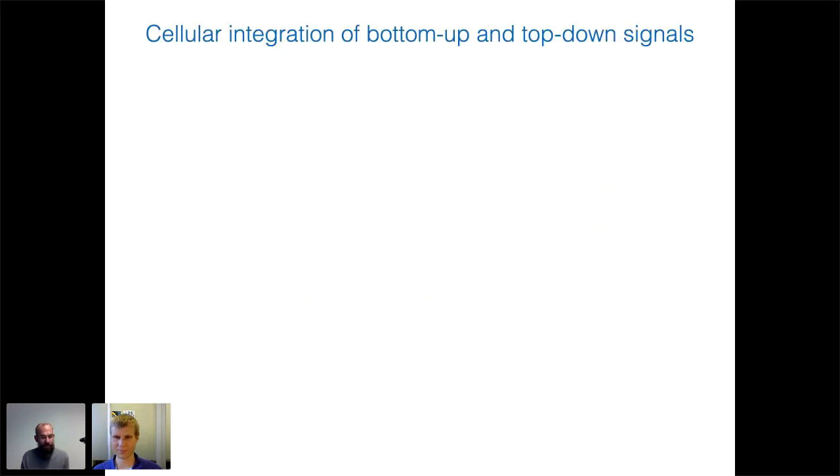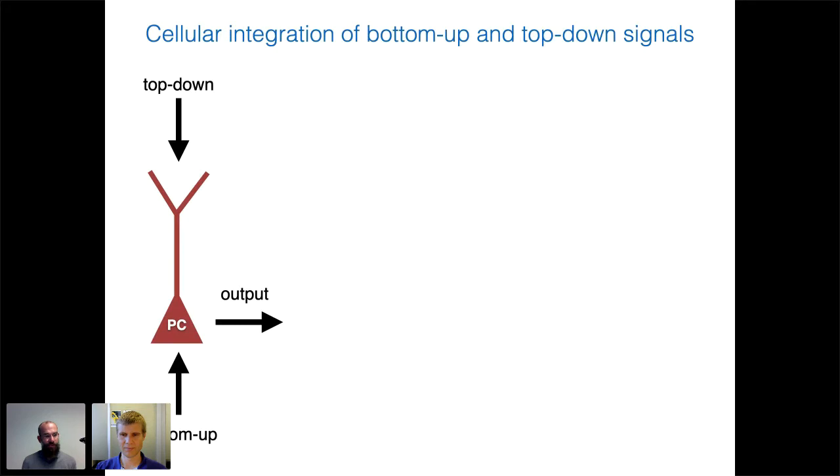But to get there, we'll have to dig a little bit into intracellular processing in these more extended pyramidal cells. Something that is known for probably a good 25 years, or a bit more than 20 years now, is how this looks if you look at, let's say, layer 5 pyramidal cells. There's bottom-up input that targets the soma, there's top-down input that targets the dendrite, and there's some kind of output.